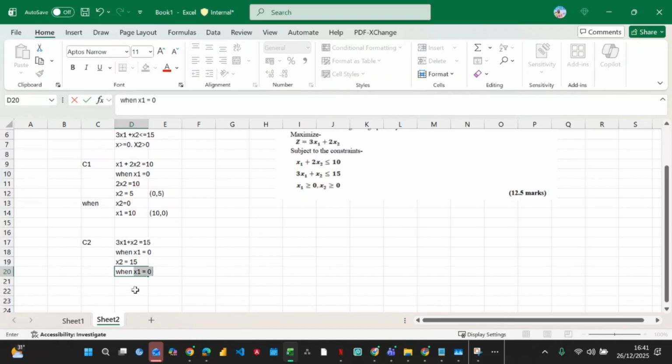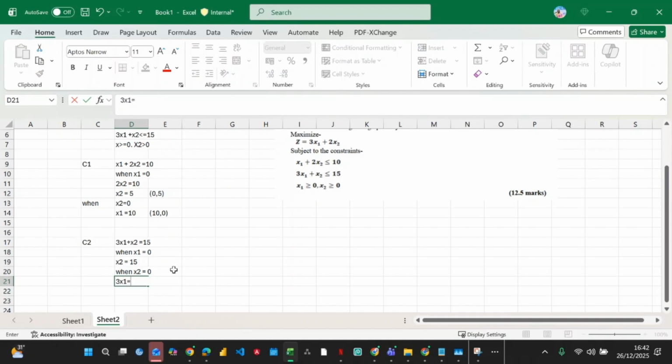Then what about when x2 is equals to 0 now? Then we substitute now, right?